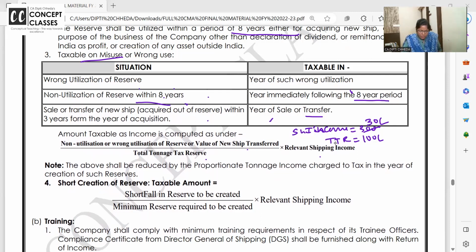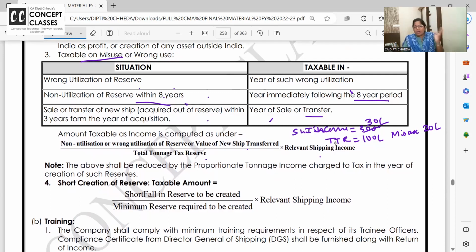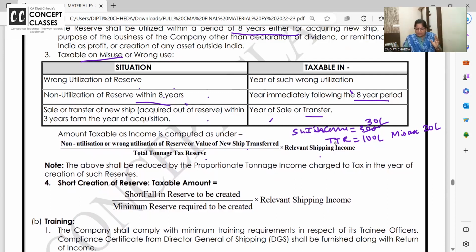In that, misuse या wrong use या unuse जिसका टाइम खत्म हो गया है, let us take it as 20 lakhs. So 20 lakhs will become taxable proportionately.